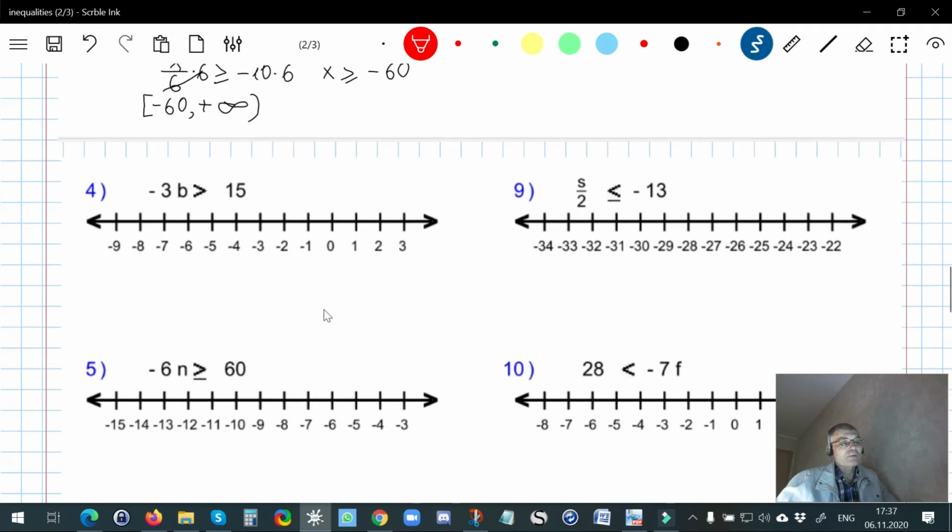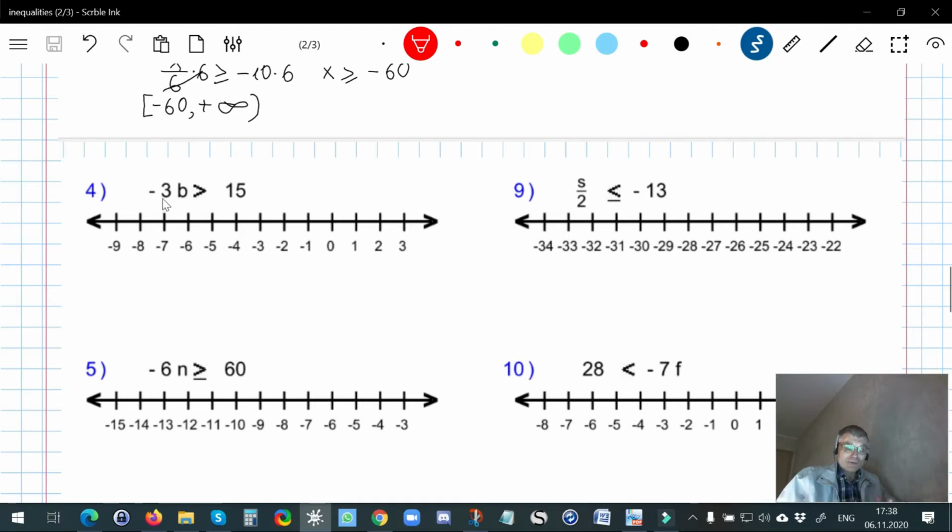Here we have our first tricky thing, namely this negative sign. When the quotient next to our variable is negative, like in this case, negative 3 is multiplied by b, I have to isolate b by dividing by a negative quantity, in this case negative 3.